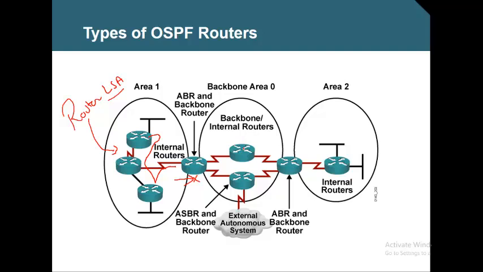So there will be one LSA type 1 here also, which will be circulated within this area. It won't again go to other areas. So whether it is a backbone area or non-backbone area, every router is going to advertise type 1 LSA and they are local to that area.